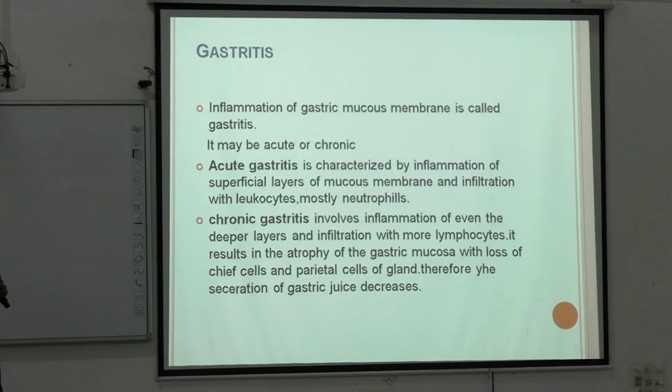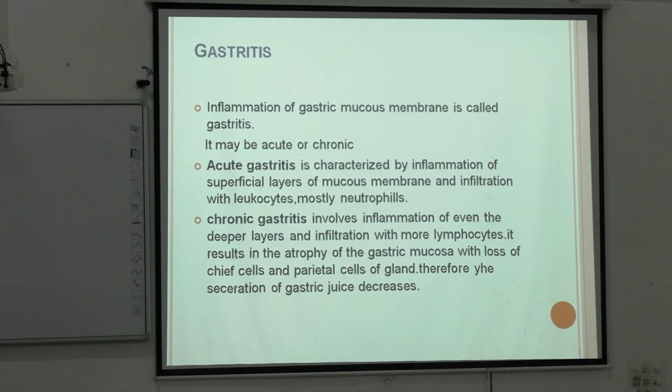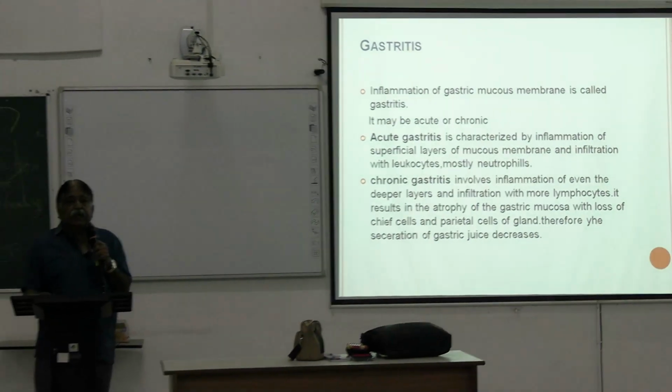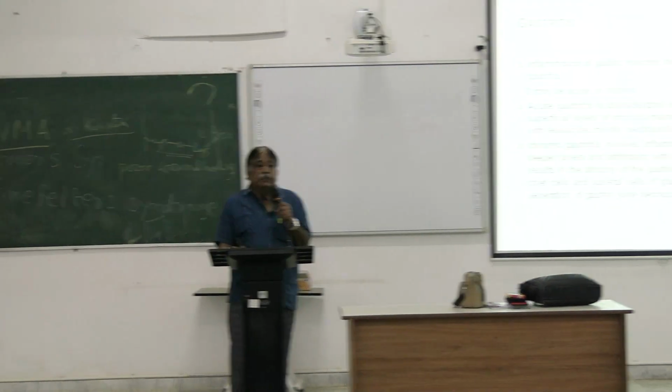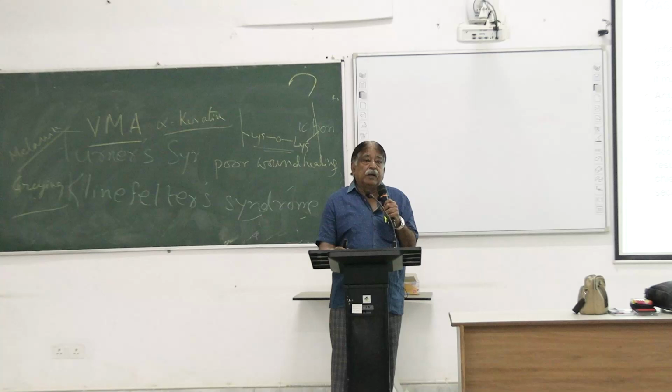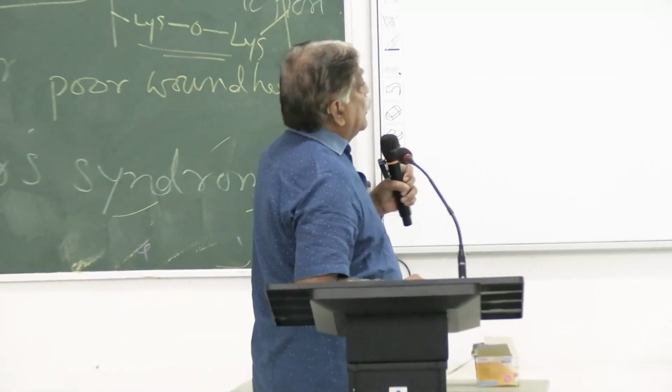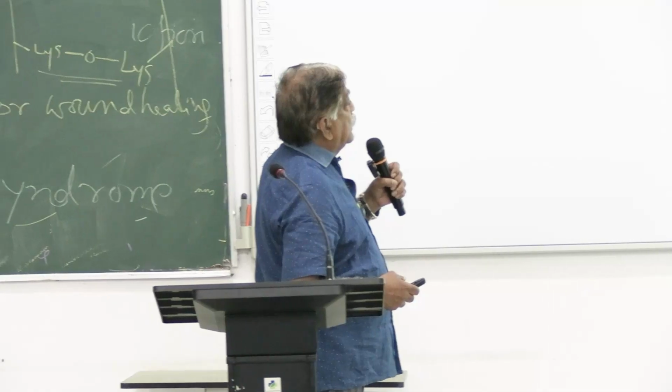Next. Gastritis. Inflammation of the gastric mucosa is called gastritis. If you have some alcohol and also heavy food, and some spicy food, on a regular basis, at least thrice a week, then you will be getting gastritis. It may be acute or chronic.